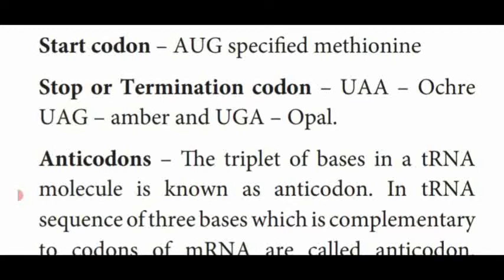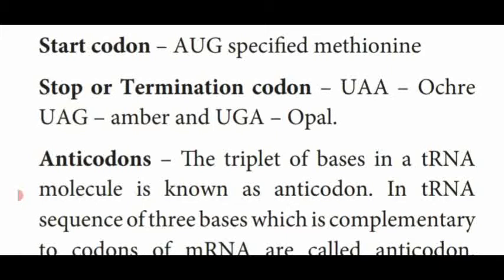They will give different ones, UAA, UCG, like that, along with AUG. So AUG is the start codon, which specifies the amino acid known as methionine. In the previous para we have seen each and every codon which specifies the particular amino acid. So the start codon AUG specifies methionine.